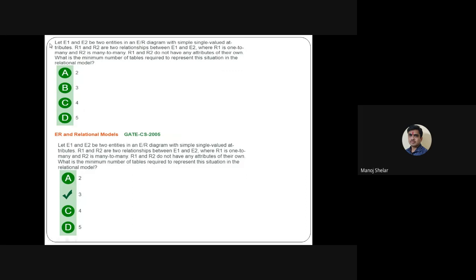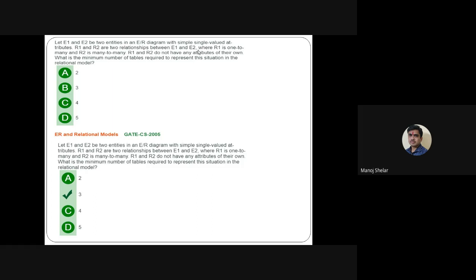Then next question: let E1 and E2 be two entities in an ER diagram with simple single-valued attributes, and R1 and R2 are two relationships between E1 and E2, where R1 is one-to-many and R2 is many-to-many, and R1 and R2 do not have any attributes of their own.